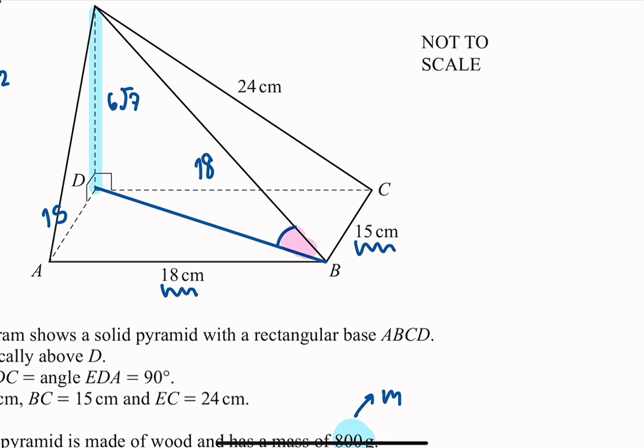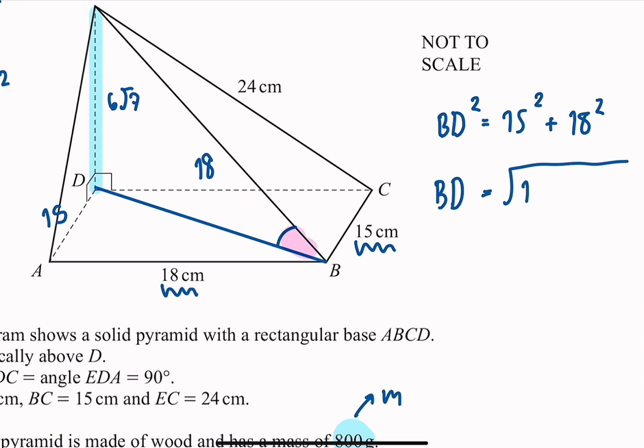And therefore, BD squared is equal to 15 squared plus 18 squared. And BD is equal to square root of 15 squared plus 18 squared, which is equal to 3√61.